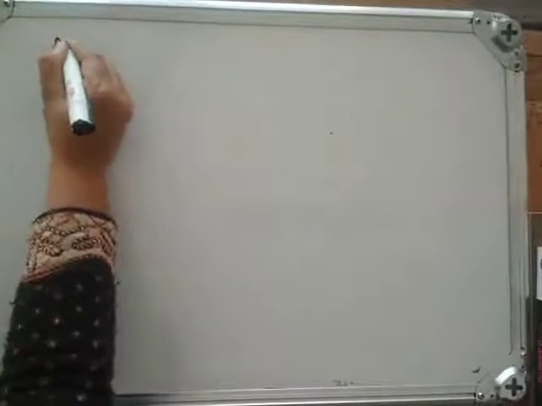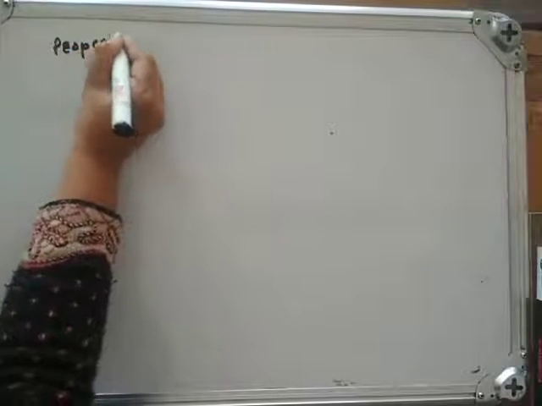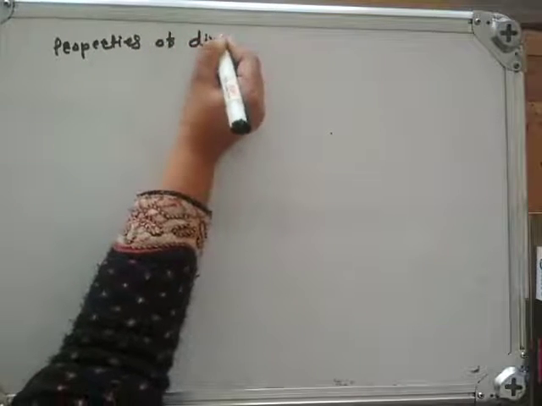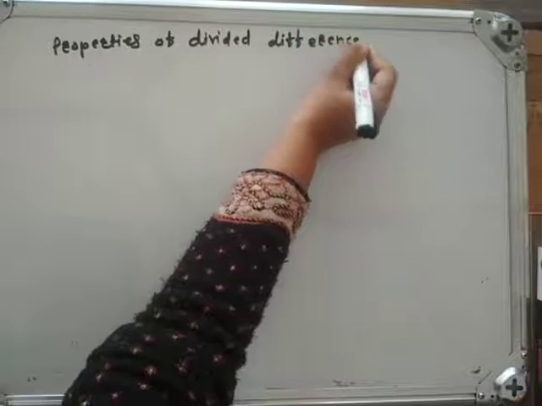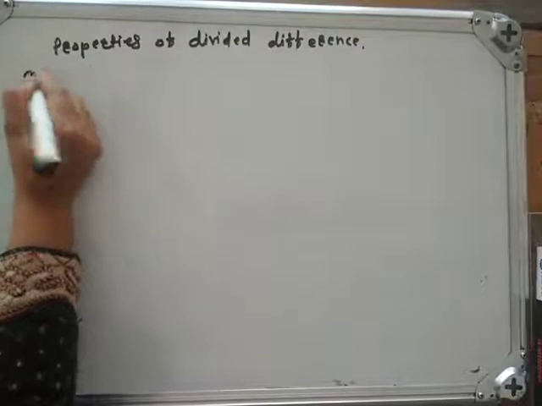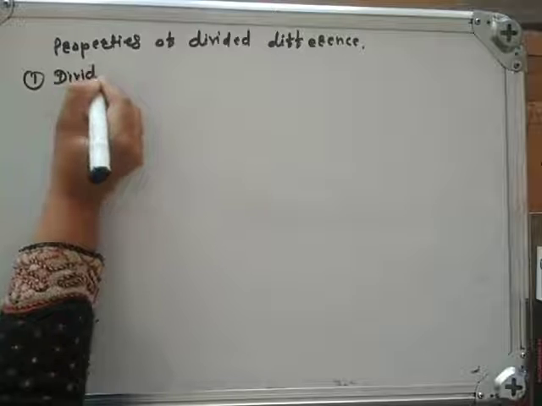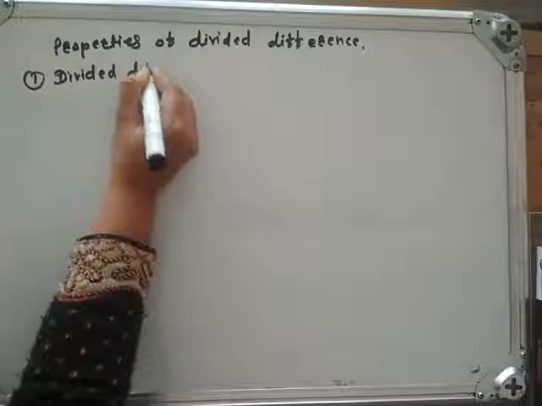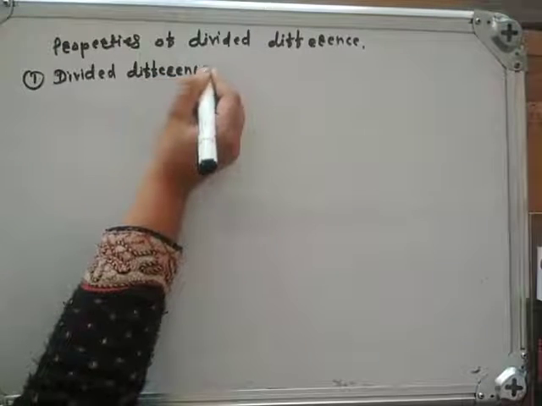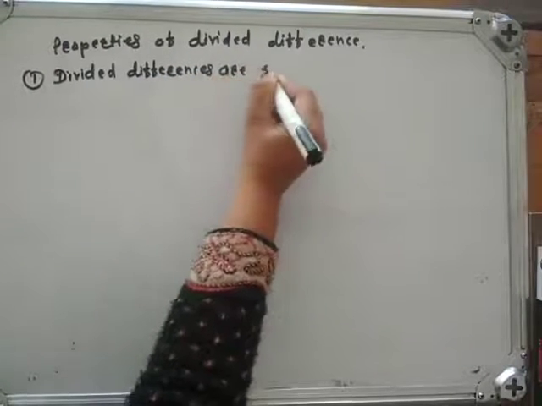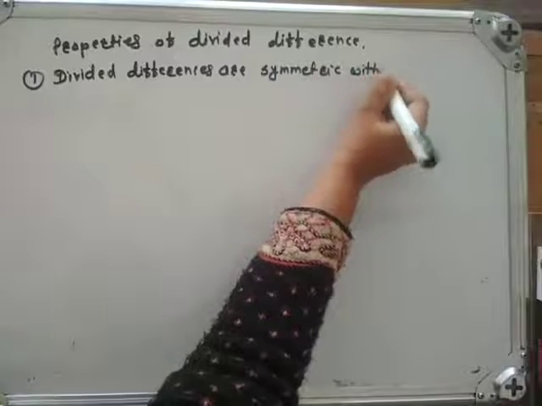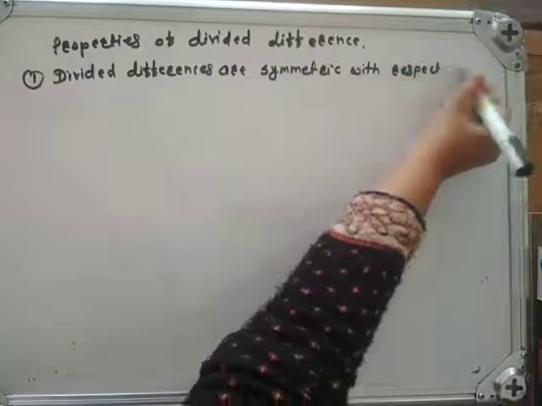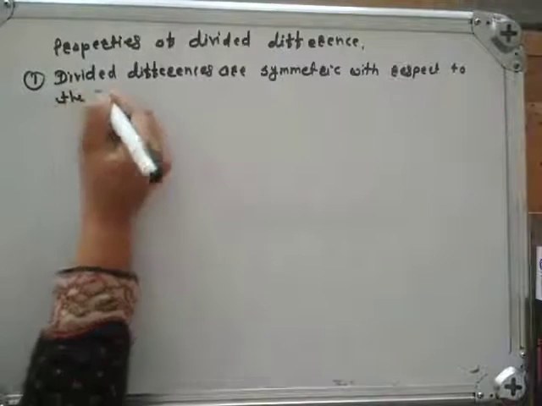Next we will see the properties of divided difference. The first property is that divided differences are symmetric with respect to the argument.